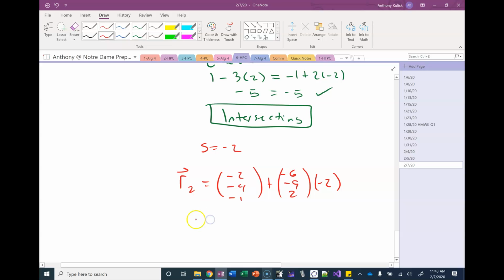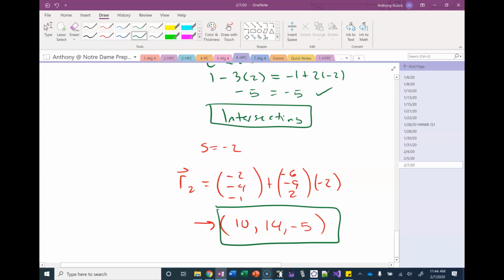So that's going to give me then the point. -2 plus 12, that's 10. -4 plus 18, that's 14. And -1 plus -4 is -5. So I would want to include the point of intersection with that as my final answer.